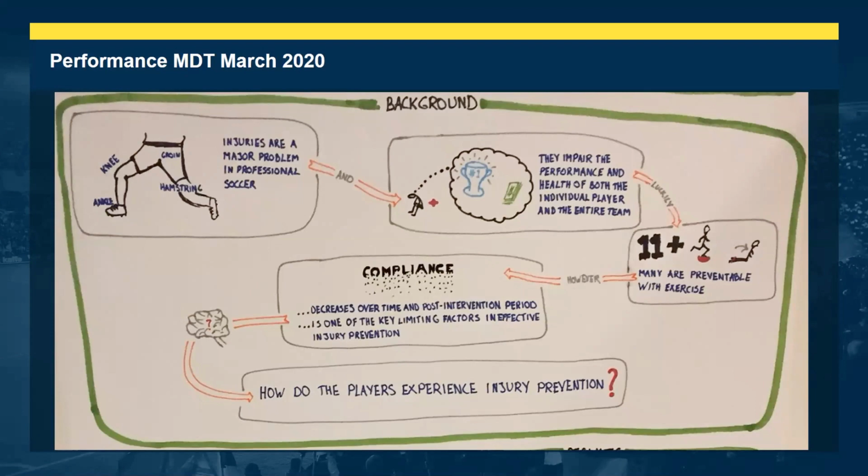Compliance tends to decrease after a project, and it is one of the key limiting factors of an effective injury prevention program or exercises. We just thought that we might want to get into the heads of the players. So our research question was simply, how did the players experience injury prevention?